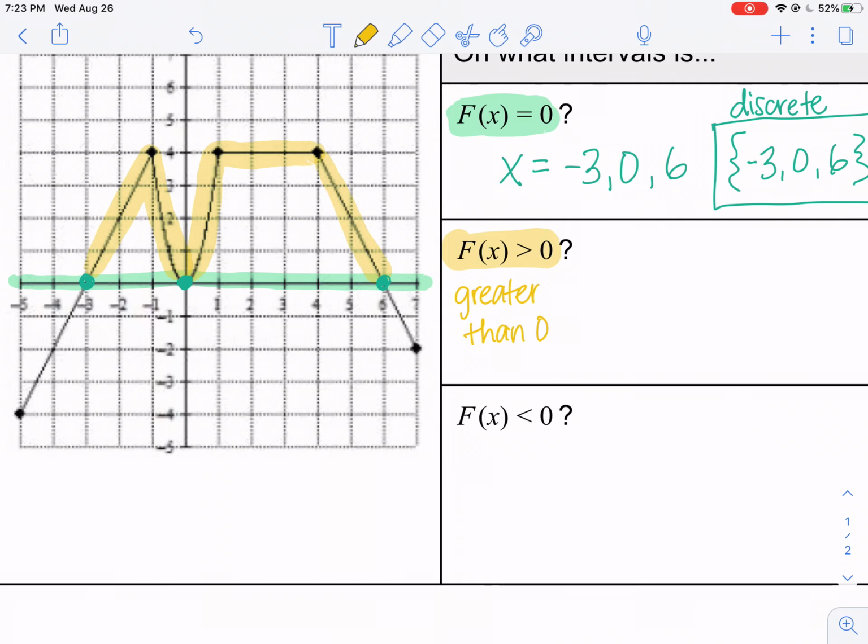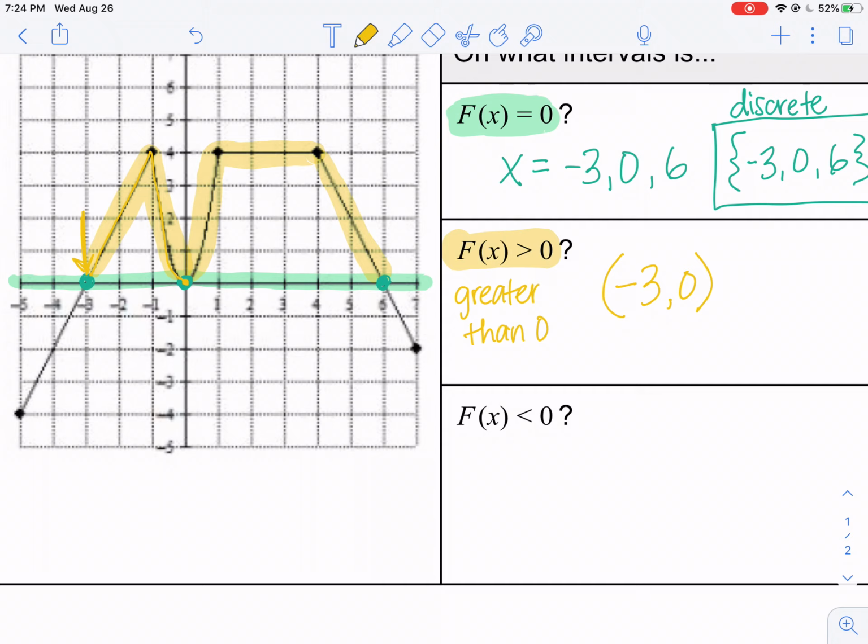So I'd say that it starts being greater than 0 at -3, and it's greater than 0 all the way until it hits this part right here at 0. The reason I'm going to stop is because at that exact point, it's equal to 0. It's not greater than 0.